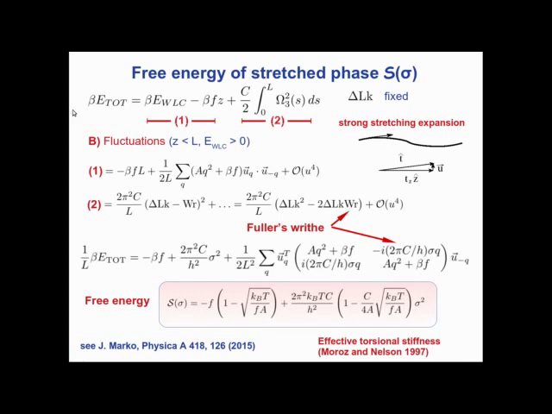by taking derivatives with respect to f, which enters only here, I pull down from my Boltzmann factor the z. So the derivative of the free energy with respect to the force gives rise, as we know well, to the average. So I can calculate the average extension from that.